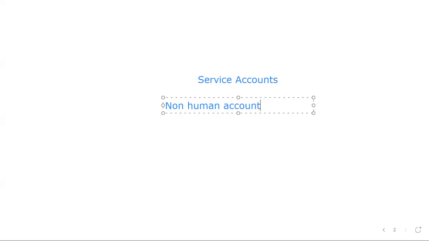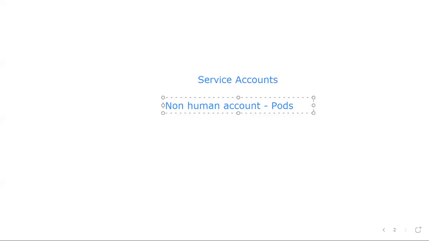It is used by applications or pods. Your pods will use the service accounts, and they have their own tokens, authentication, and RBAC permissions. So for pods to run, you need to use something called service accounts.